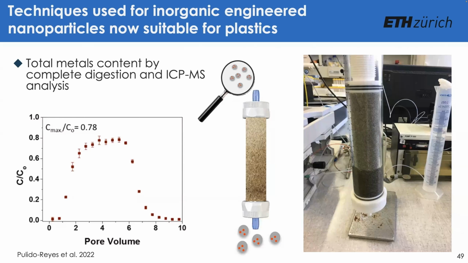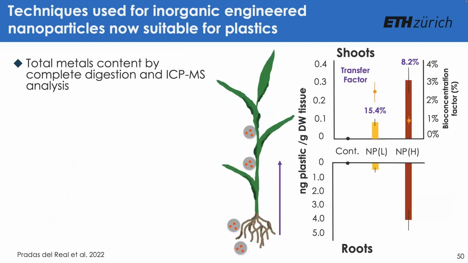We can also have the same idea of taking a sample and digesting it to see where the plastics are, for example, if we look at how plants can take up nanoplastic. Here we grew wheat plants hydroponically in a solution which contained nanoplastics.